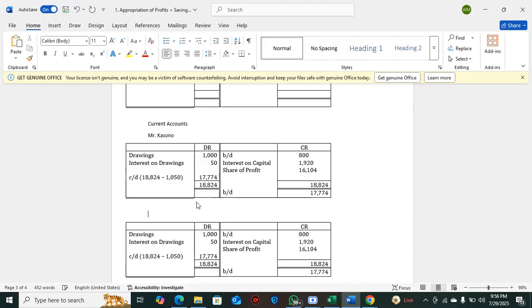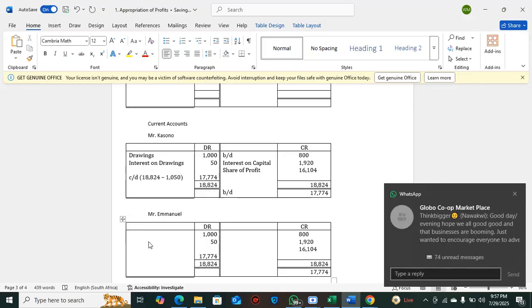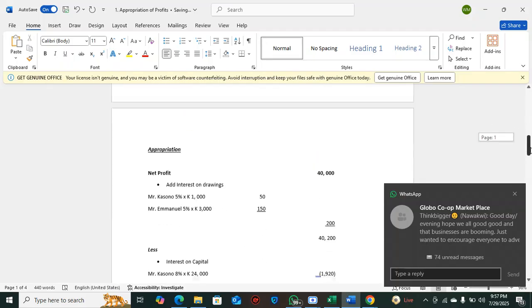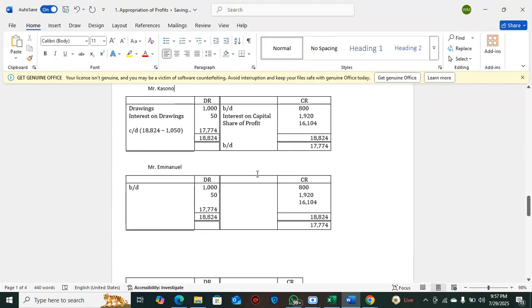Okay, so we come now to Mr. Emmanuel. Balance brought down, it's on the debit side. So it was 90 kwacha, I think. Yes, 90 kwacha.